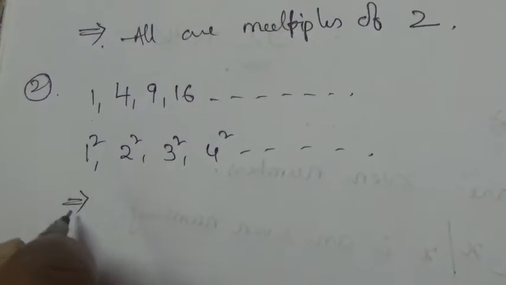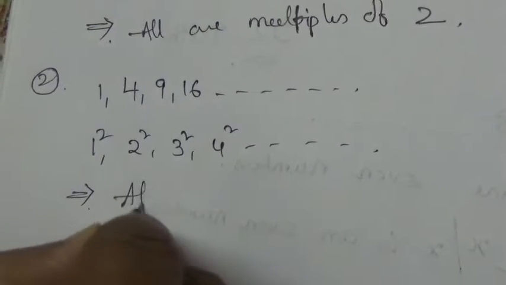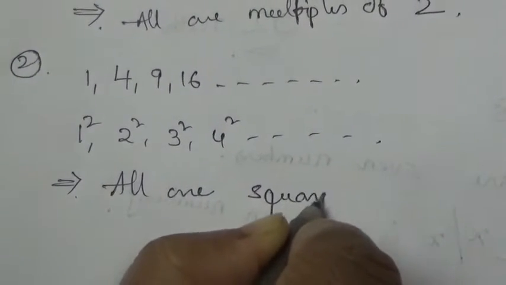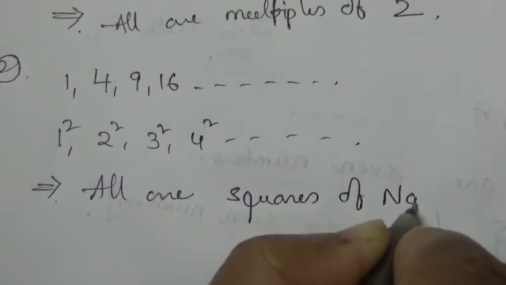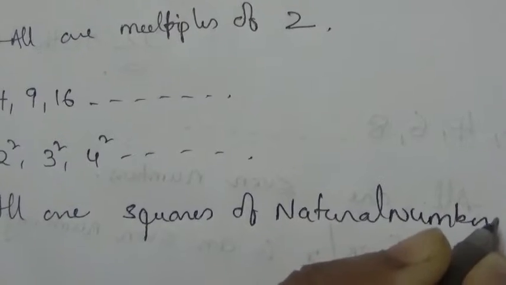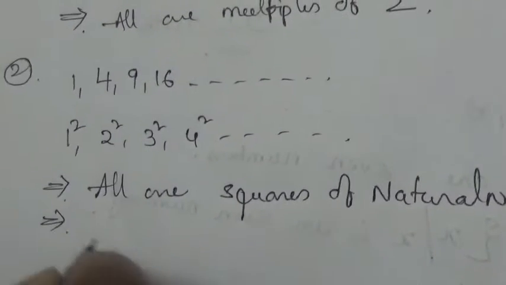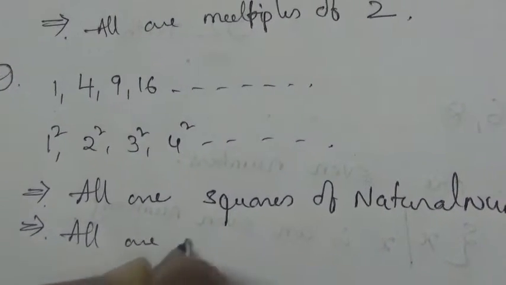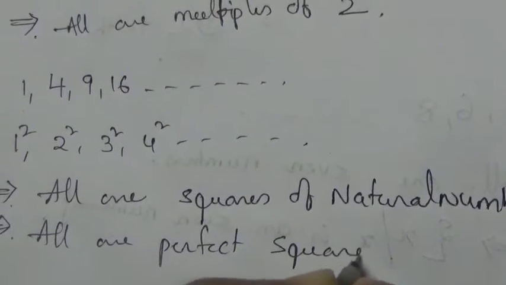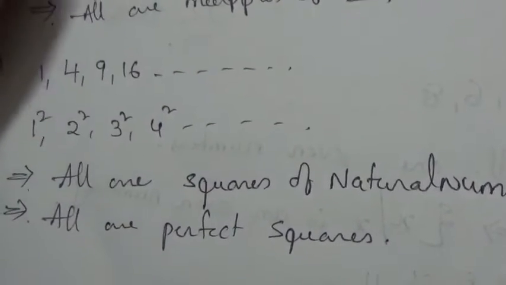So the common property is that all are squares of natural numbers, or all are perfect squares. These are the solutions for this think and discuss.